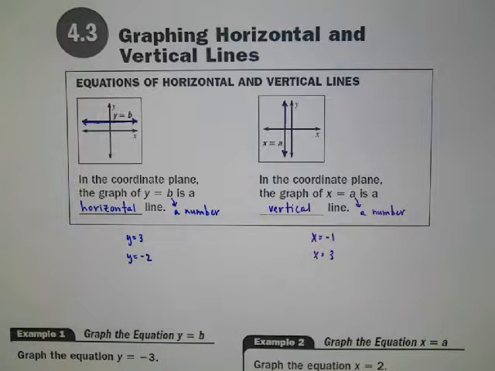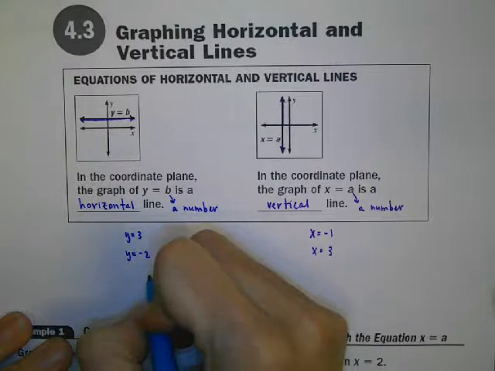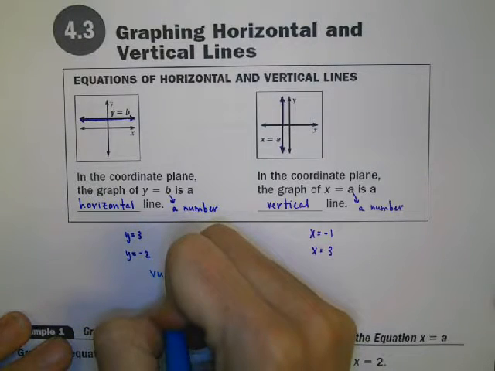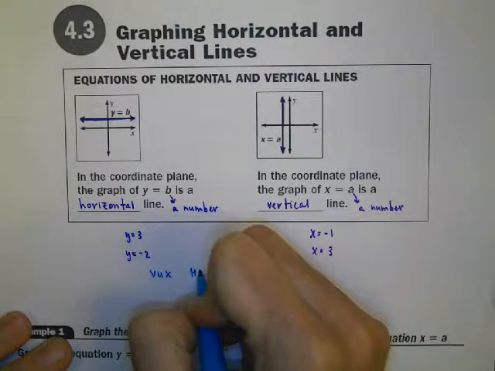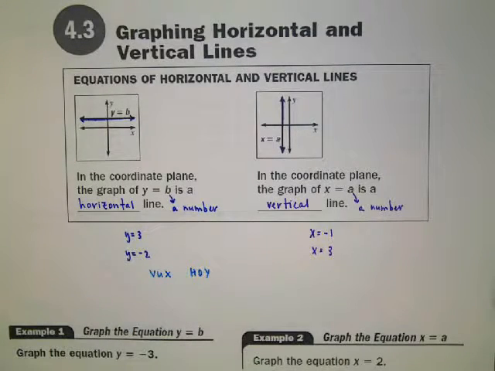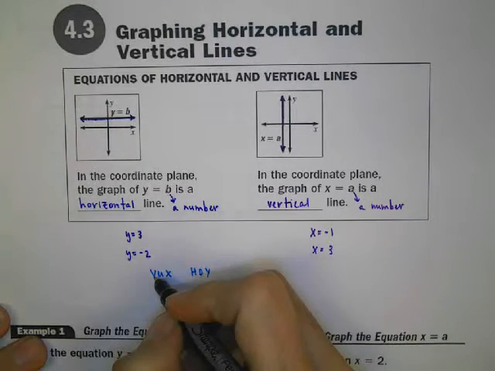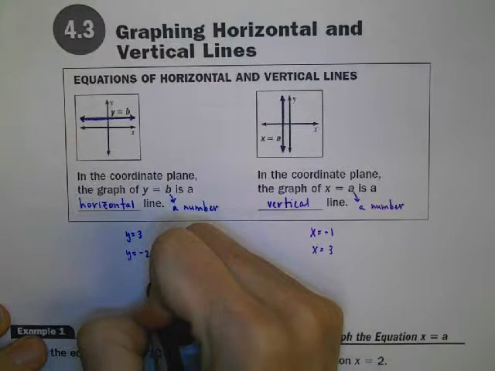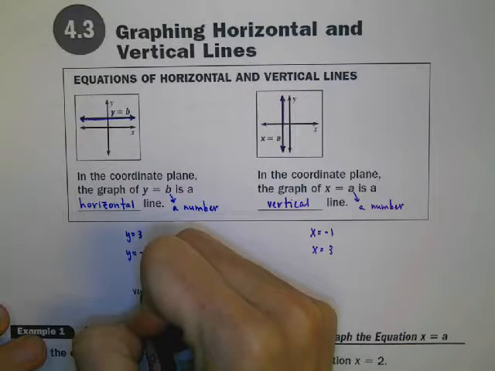So now, back to what I was saying before. A lot of times you'll hear math teachers say something called Vux Hoy. And we use this to remember vertical and horizontal lines. So here's how it goes. This V is for vertical.